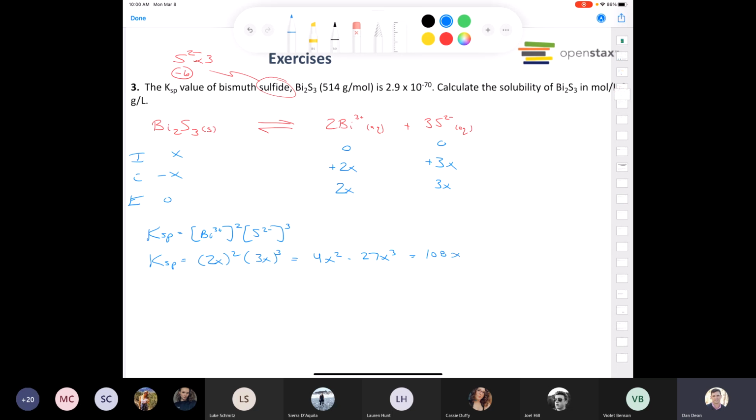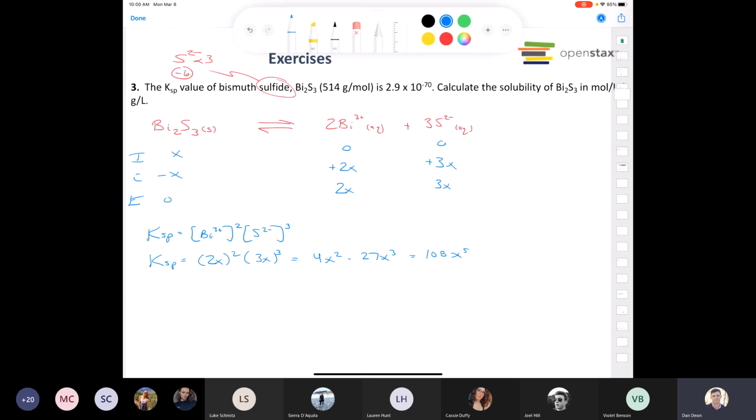Who could tell me? Exactly. Thanks, Jamil. It's x to the power of 5. You add exponents when you're multiplying numbers. So we get that KSP is equal to 108 times x to the power of 5.